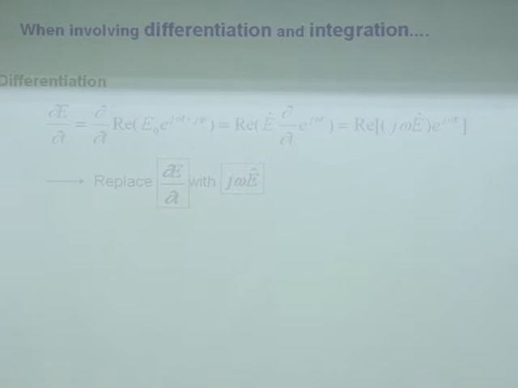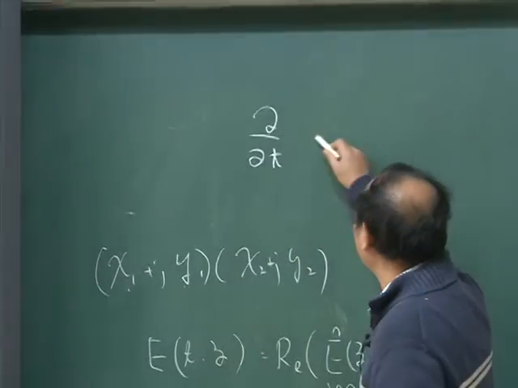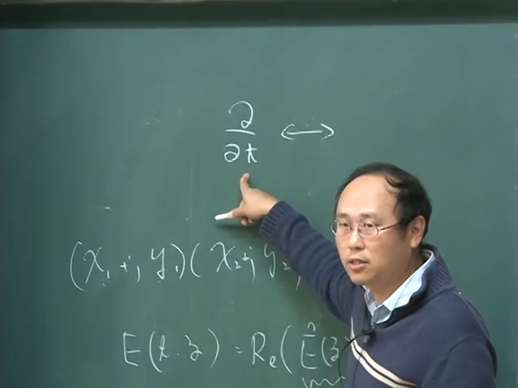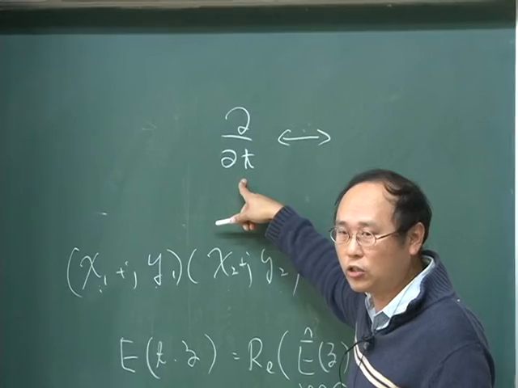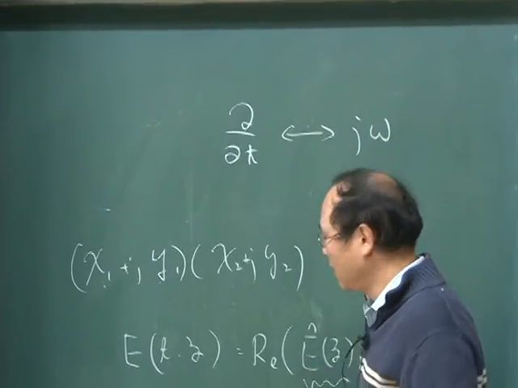Okay, and basically now your phasor is multiplied with the term that is j omega. 所以呢，这个operator is replaced by j omega. So if you have any time differentiation, then you basically replace this temporal differentiation with j omega in your calculation.